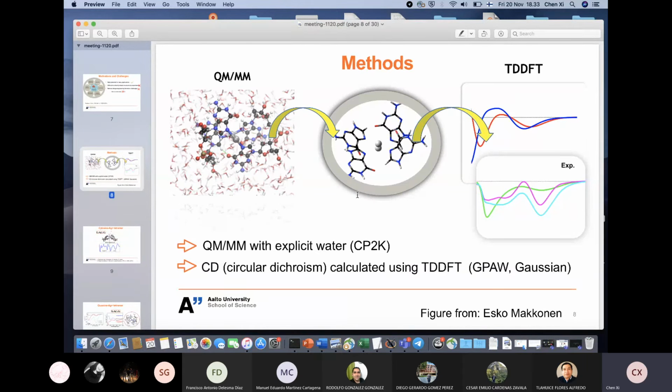So for the molecular dynamics, we use room temperature, like 300 Kelvin, with NVT conditions in the molecular dynamics. And when we calculate the spectra, we just have zero temperature and vacuum.